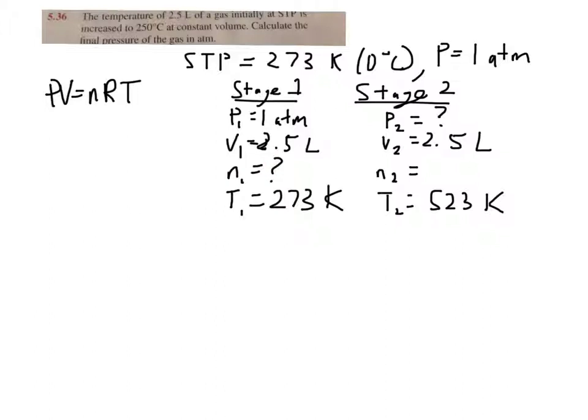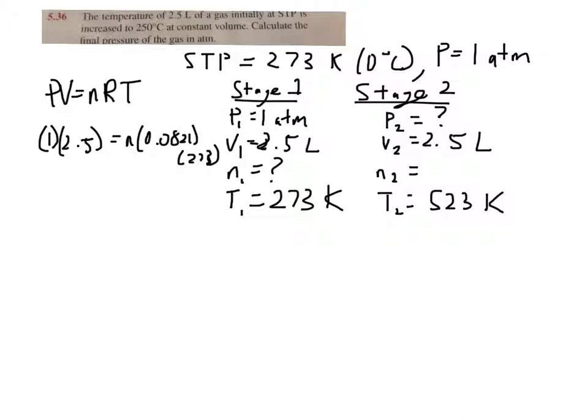We take these values and plug them into the ideal gas law. So PV equals nRT. Pressure is 1 ATM, volume is 2.5, N is N, R is 0.0821, and T is 273.